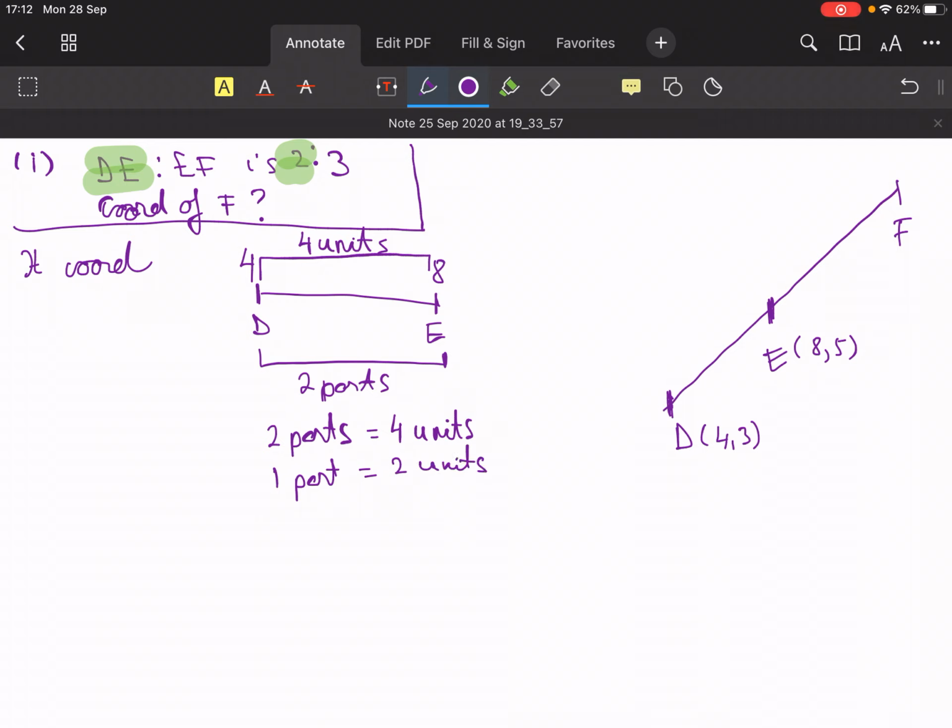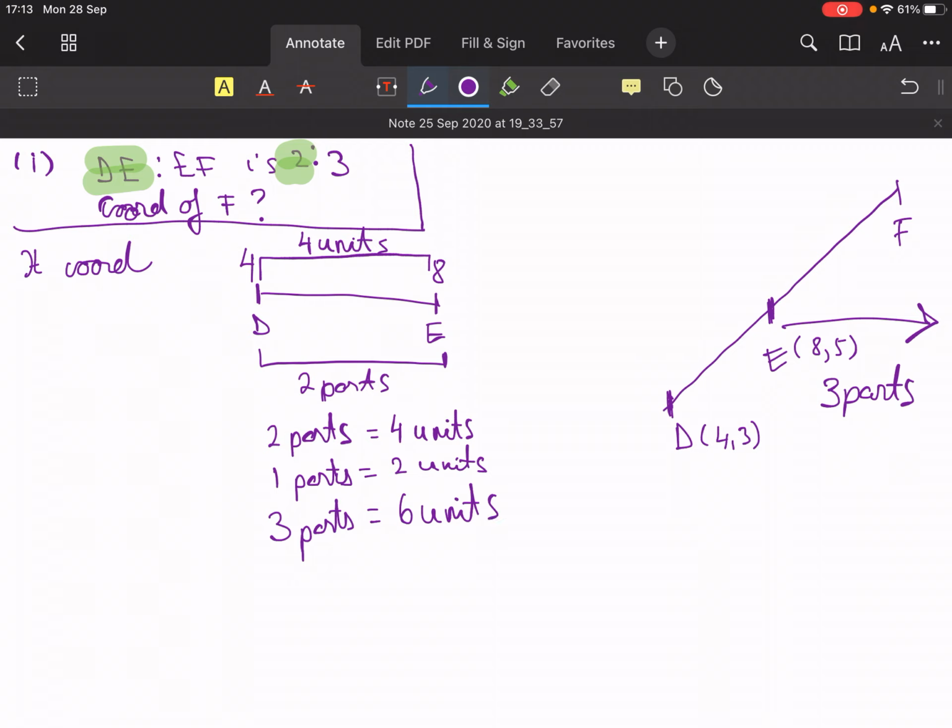And it means I can work out 3 parts because I now want to get from E to F, and that's 3 parts. And that's the reason why I'm working out 3 parts. It's not because I'm insane, even though. So 3 parts is equal to 6 units.